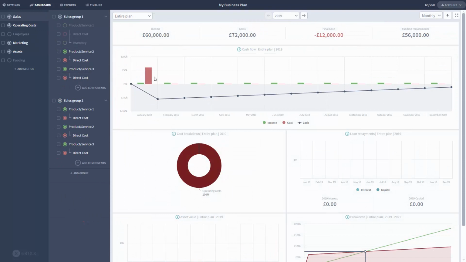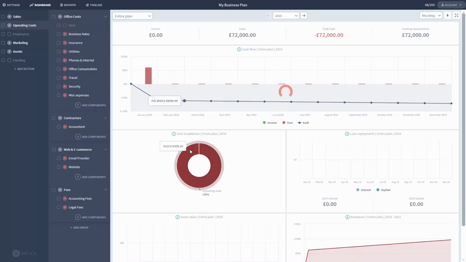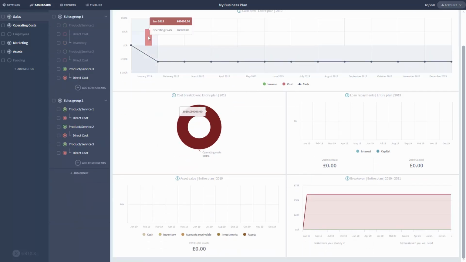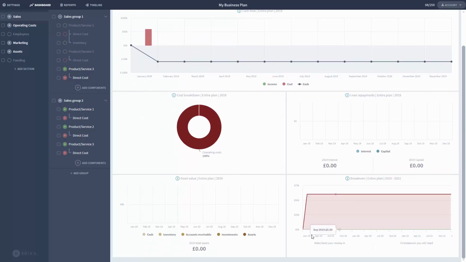And sorry, I've still got some products coming in here which I didn't want. And we've still got some rent coming in, I believe. There we go. Right. So our startup costs are £60,000. Right now, you can see that on the break-even chart.